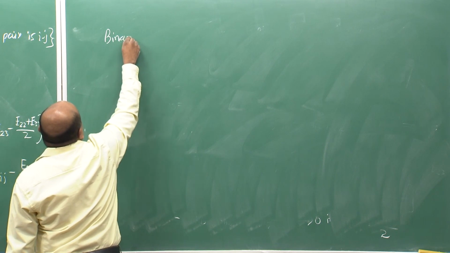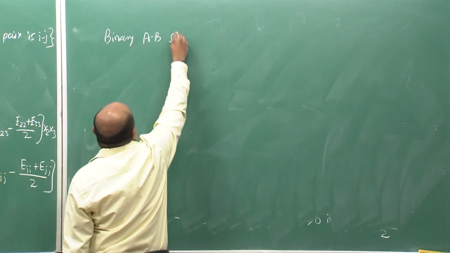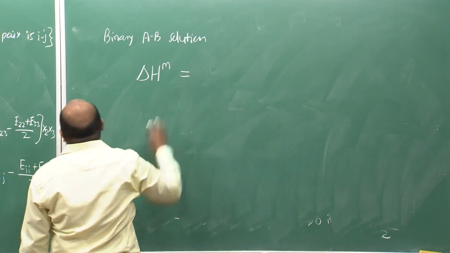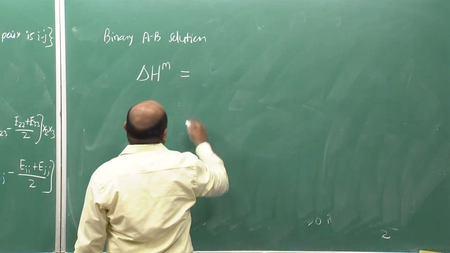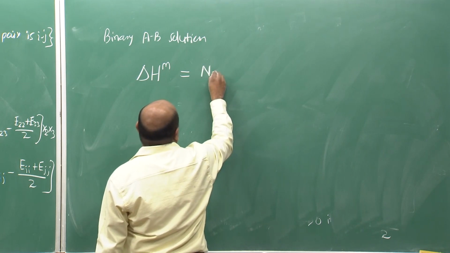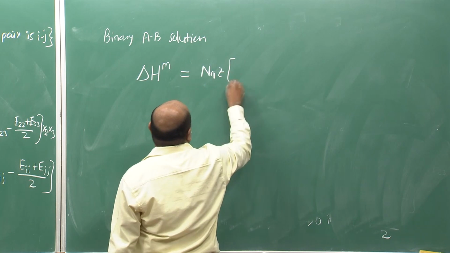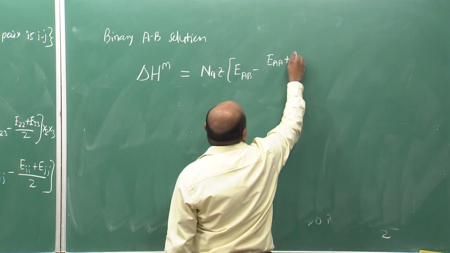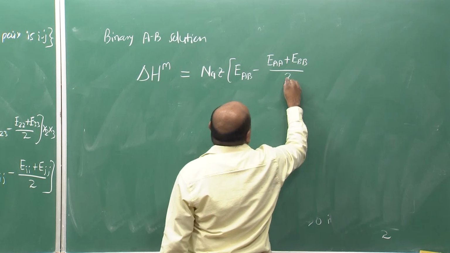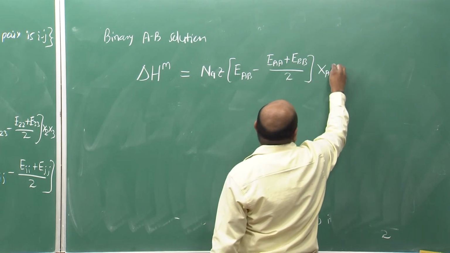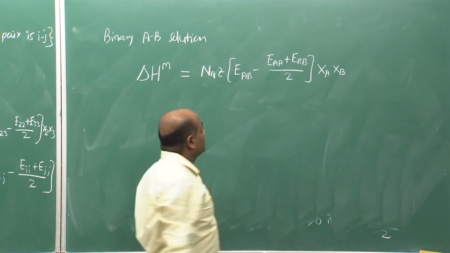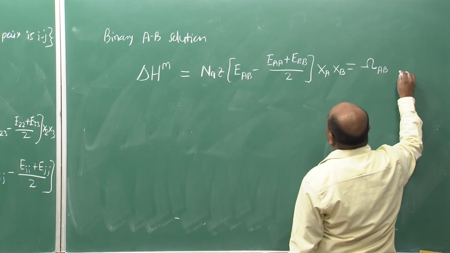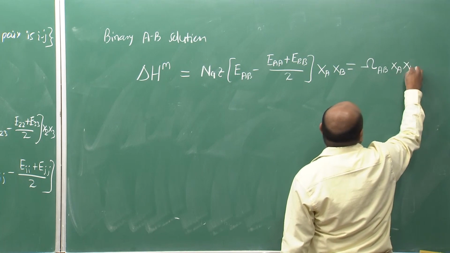So, if we consider the binary solution, then delta H mixing in that case should be equal to omega AB XA XB.